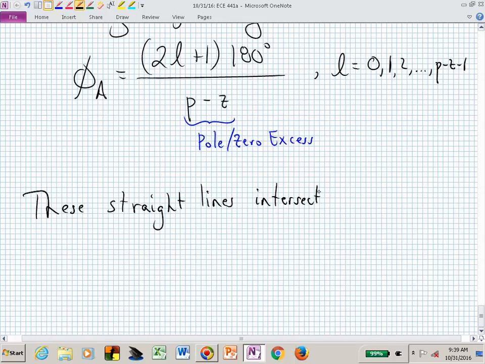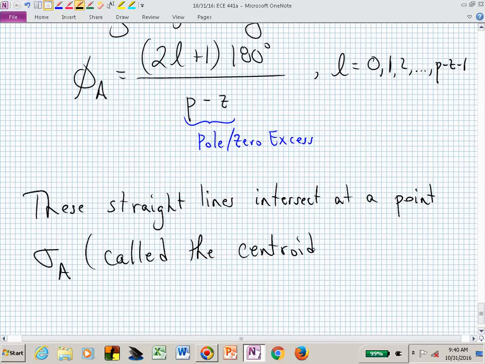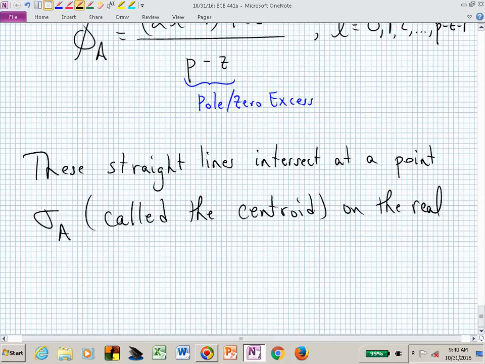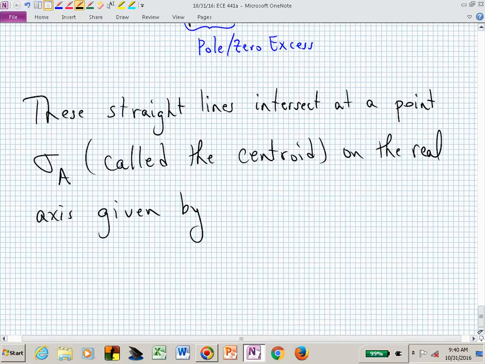actually intersect at a point we will call sigma sub A, called the centroid, on the real axis, and that centroid is given by the following formula.